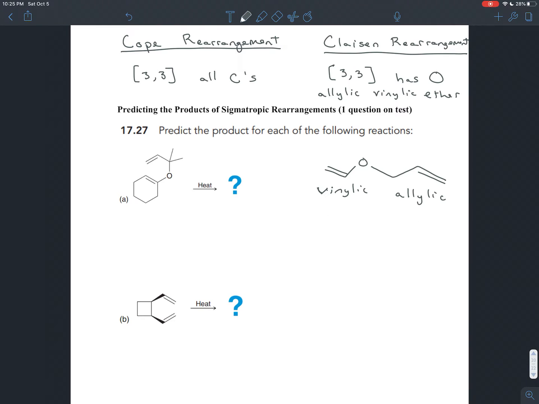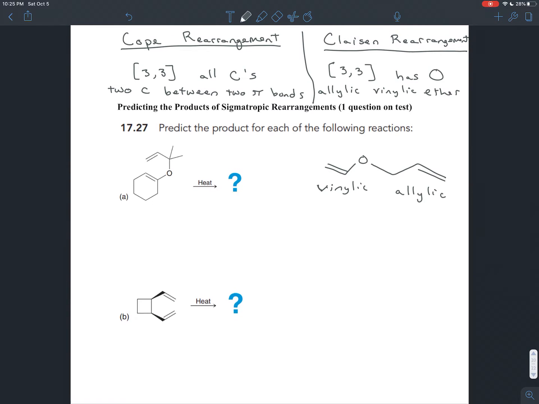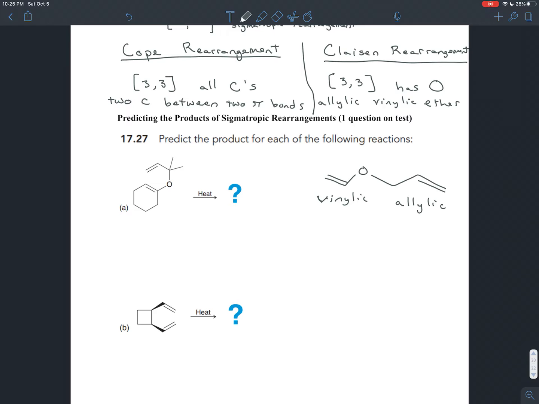And for the Cope rearrangement, you'll recognize that because you'll have two carbons between two pi bonds. So these might be a little easier to see just by doing some practice. So allylic vinylic ether, Claisen rearrangement. Just keep that in mind.